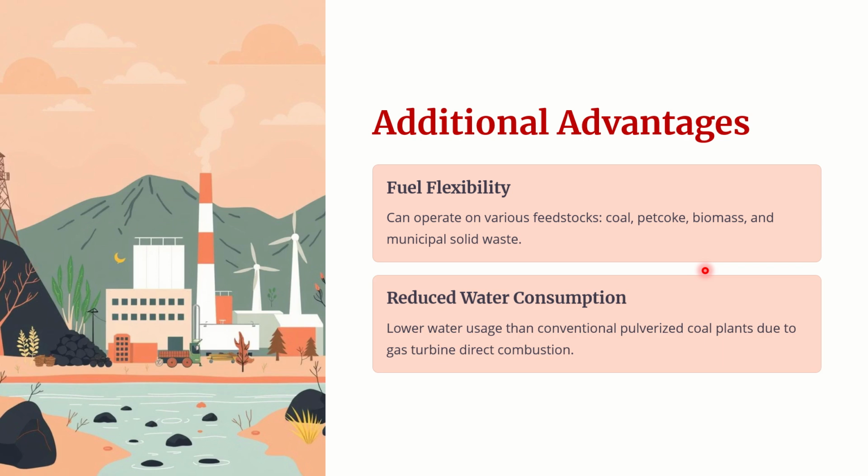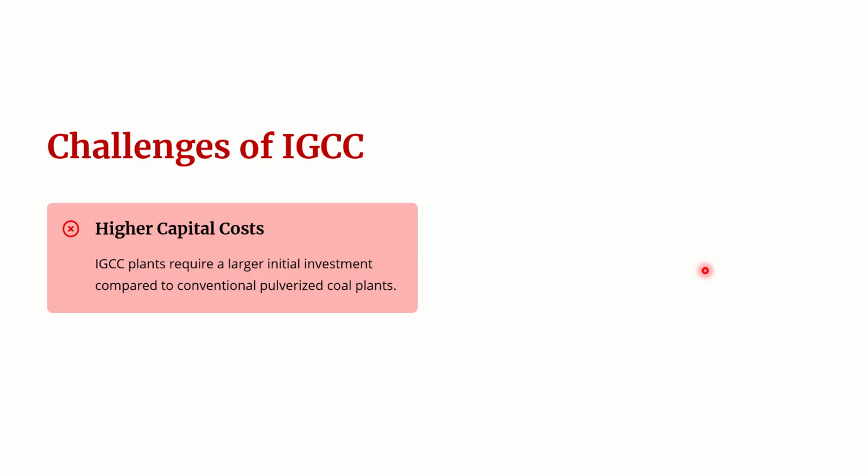Reduced water consumption. It can have lower water consumption than conventional pulverized coal plants due to the gas turbine's direct combustion rather than relying solely on steam condensation. Next, what are all the challenges of integrated gasification combined cycle? Higher capital costs: these plants require huge initial investments compared to conventional pulverized coal plants.